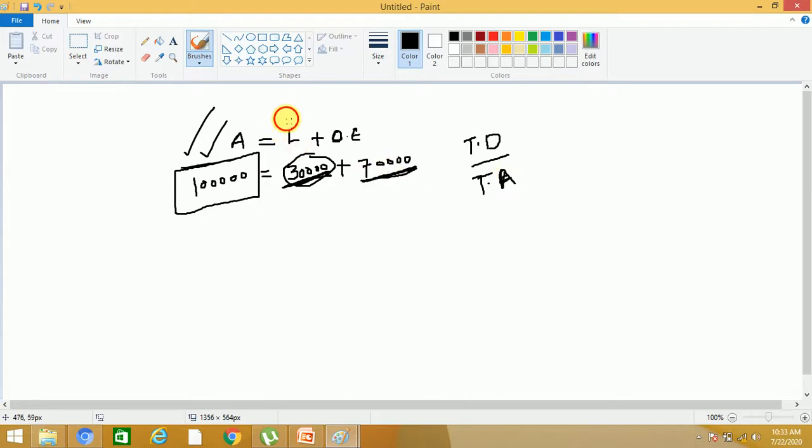If you look at this accounting equation, our total debts are 30,000 and our total equity is 70,000.